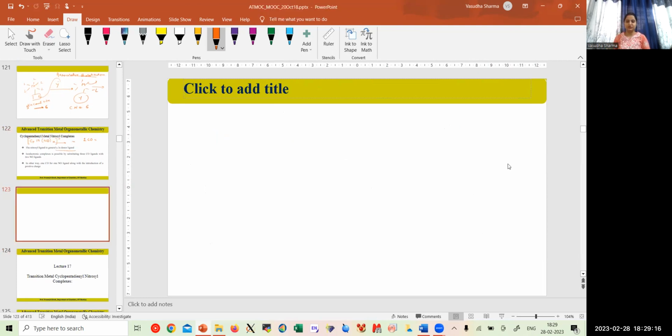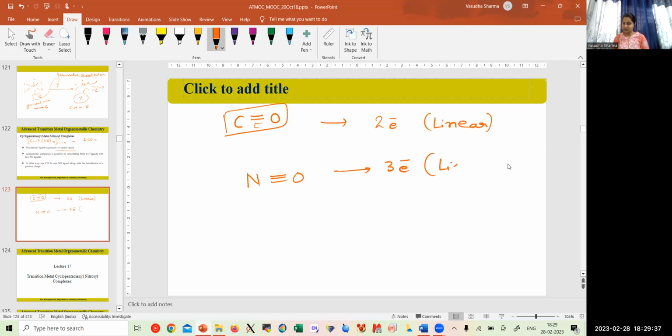This carbonyl group forms a dative bond, so this is a 2-electron donor, and it's in linear fashion. Similarly, when we talk about this NO, this is a 3-electron donor. It is also linear. So the geometry is more or less similar.